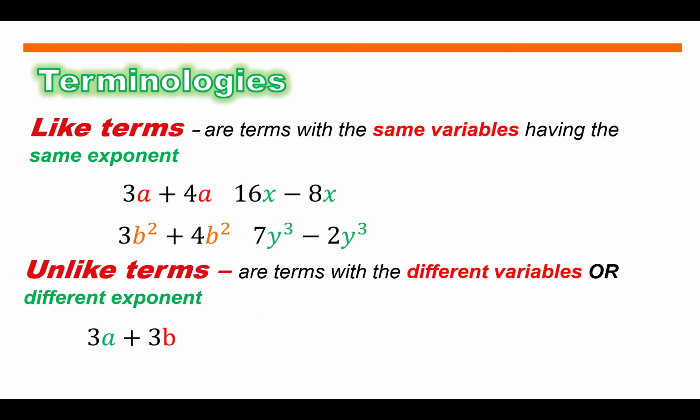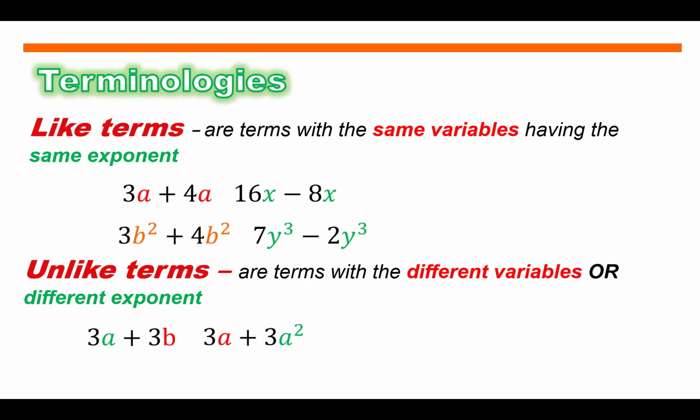For unlike terms, these are the terms with different variables or with different exponents. Say, for example, 3a plus 3b, we have different variables, same exponent, 1. But the first condition, different variables. So we can call it unlike terms. 3a plus 3a squared.